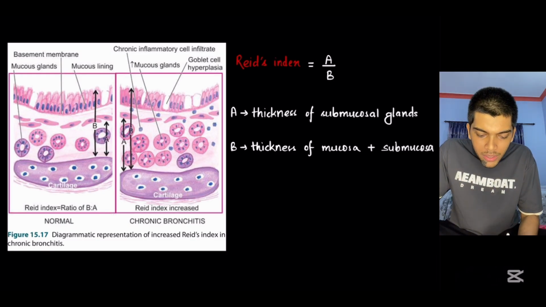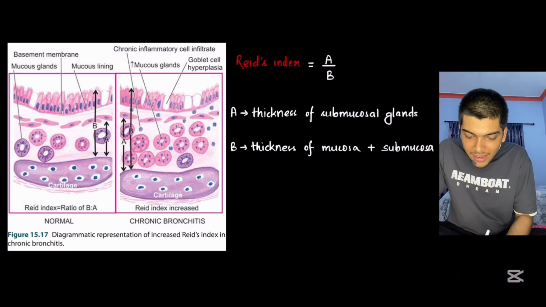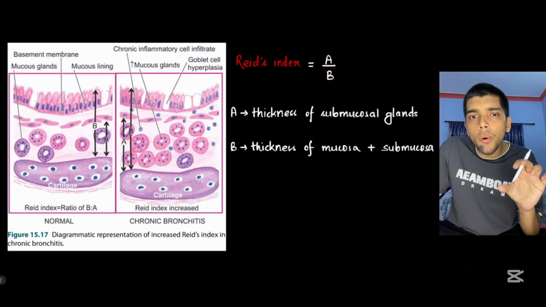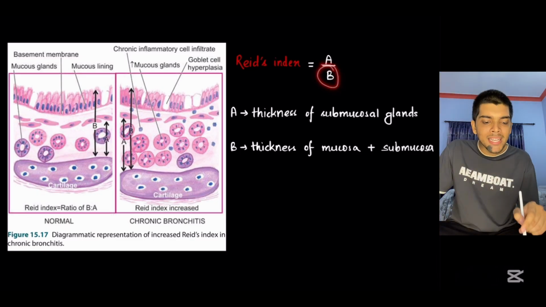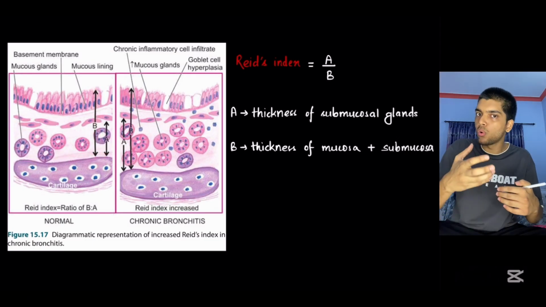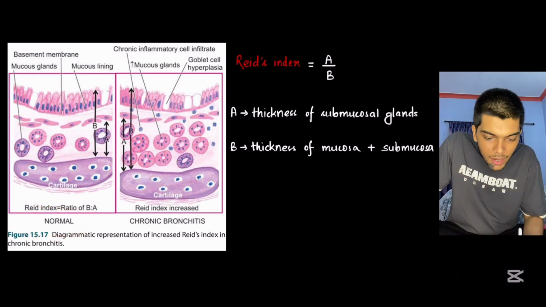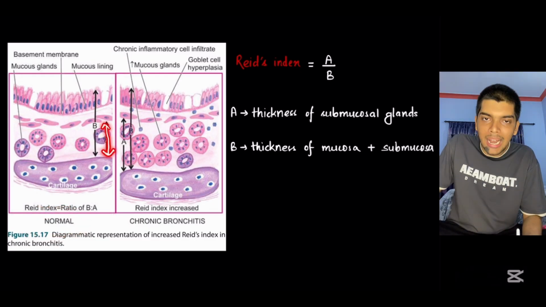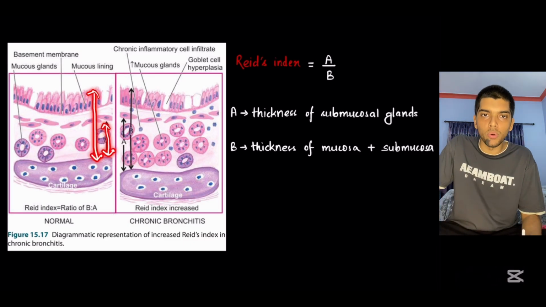So this whole thing is submucosa, right? But then this much is the thickness of the submucosal gland. So A tells you the thickness of the submucosal glands. All right. What is B? B is the thickness of mucosa plus submucosa, the whole thing. Now see, normally the thickness of submucosal gland by thickness of mucosa plus submucosa is 0.4.